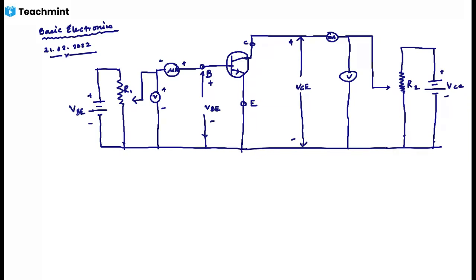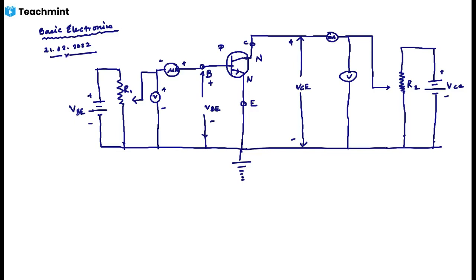This is the ground. This is N, this is P, this is N. So this is the circuit arrangement for the input and output characteristics in common emitter configuration.